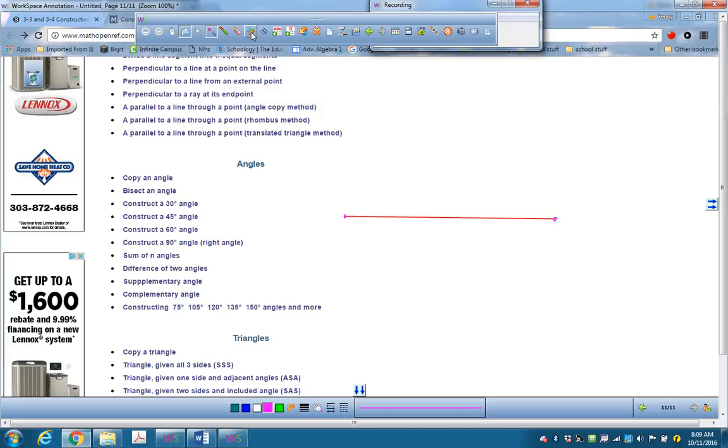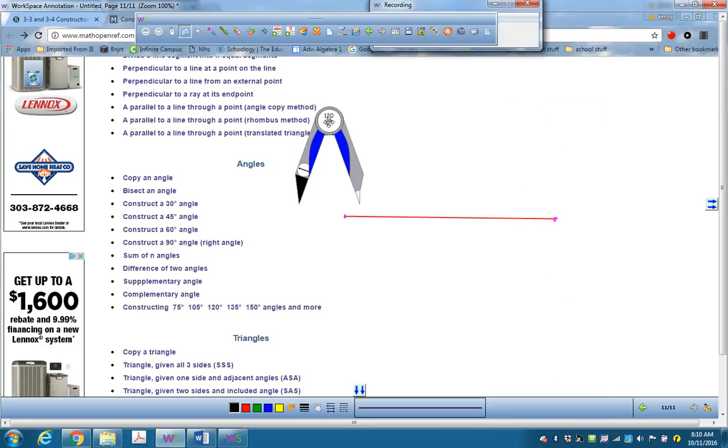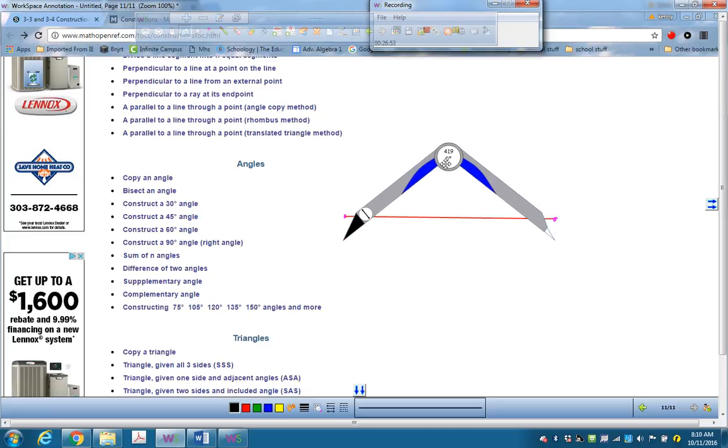I take my compass. I actually have a compass. Watch this. This is really cool. Compass. Okay? It's not that cool. I measure this distance, and then this is where it gets tricky. Then I have to rotate it. How do I rotate it?